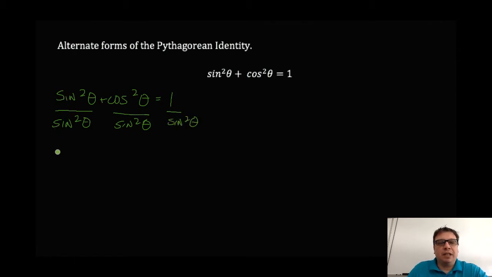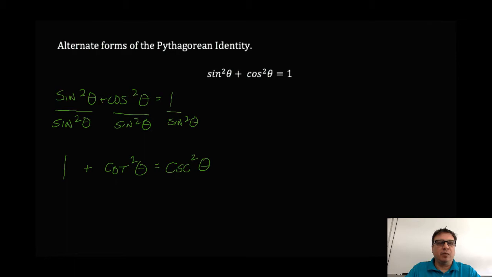Well, sine squared theta divided by sine squared theta is 1. Cosine squared theta divided by sine squared theta, well, we already know from our previous identities, cosine divided by sine is cotangent, so this would be cotangent squared theta. And from our identities on the previous slide, 1 divided by sine squared is going to be cosecant squared theta. So that's another way at which to write a Pythagorean identity.